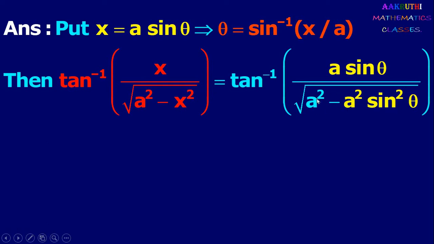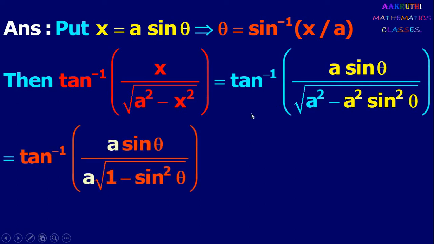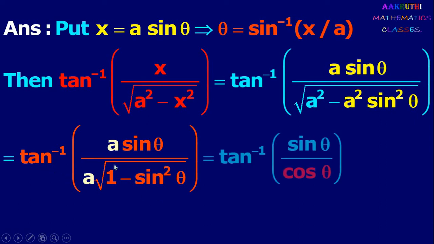Now here we can take a square common outside. So it is tan inverse a sin theta divided by, when we take a square common outside the square root, we get a into root of 1 minus sin square theta. A gets cancelled. Remaining is tan inverse sin theta by root of 1 minus sin square theta, and 1 minus sin square theta is cos square theta. Again square root cancels.